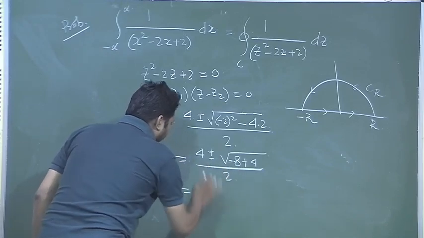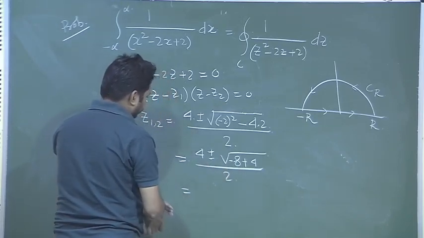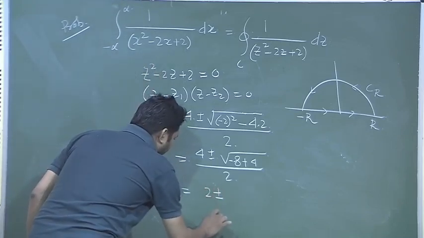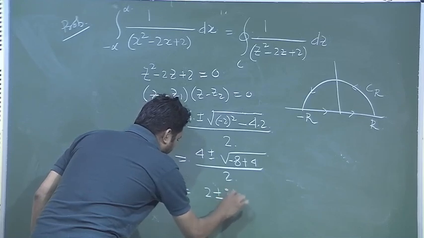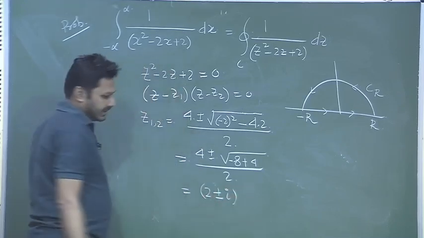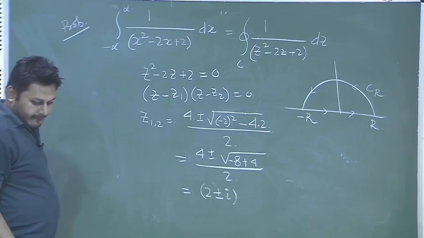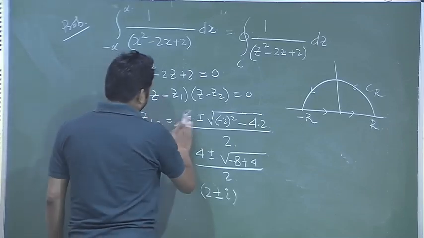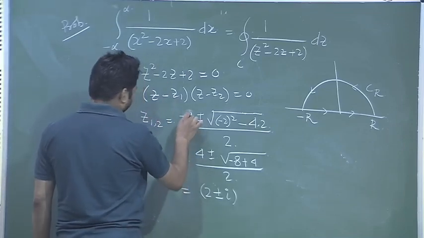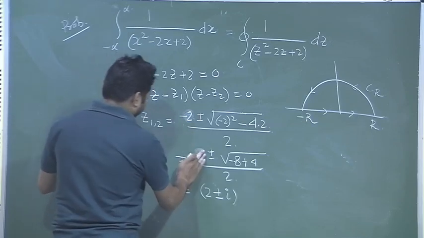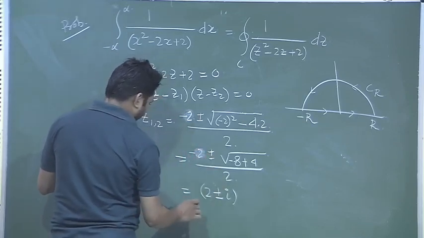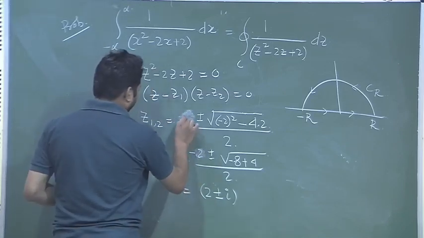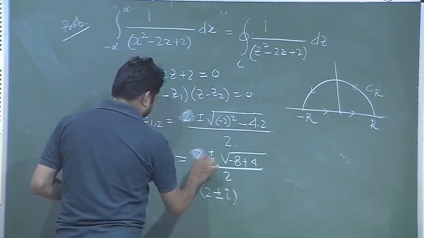Let me check once again. Here it is not 4, minus b is minus of minus 2, so it becomes plus 2.